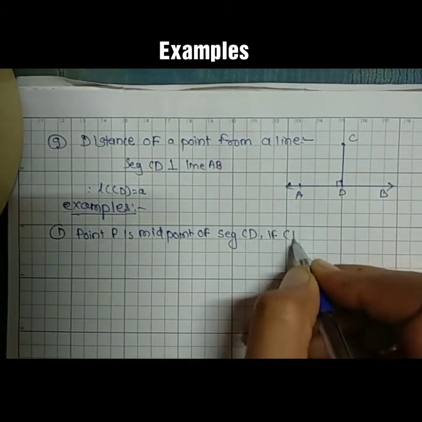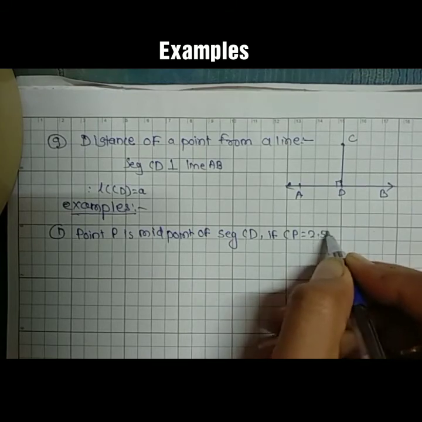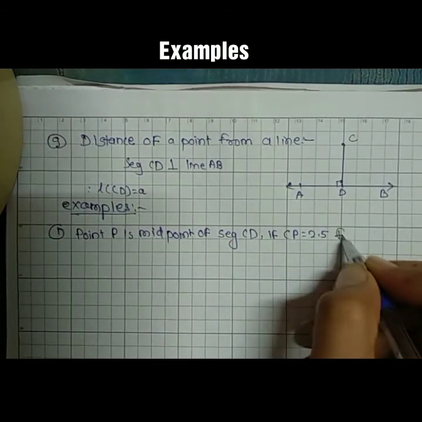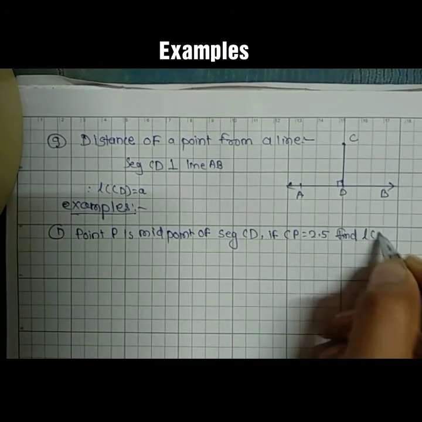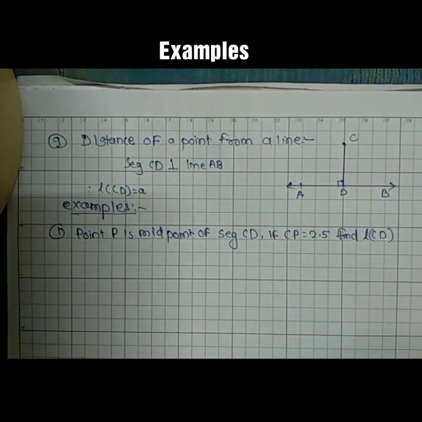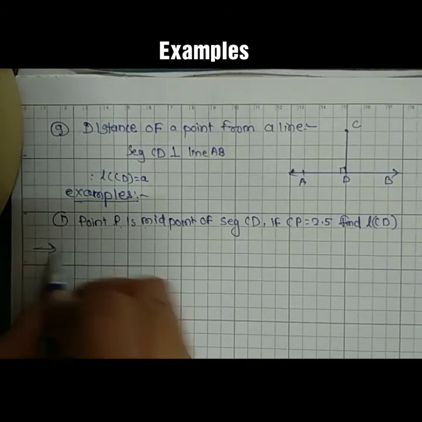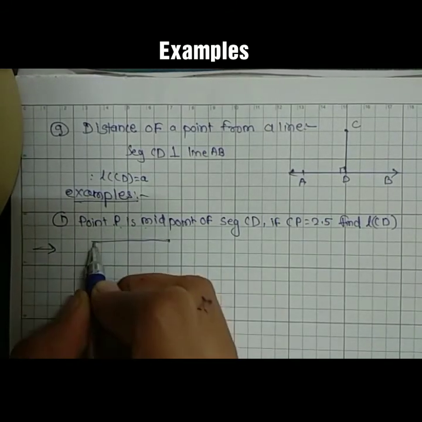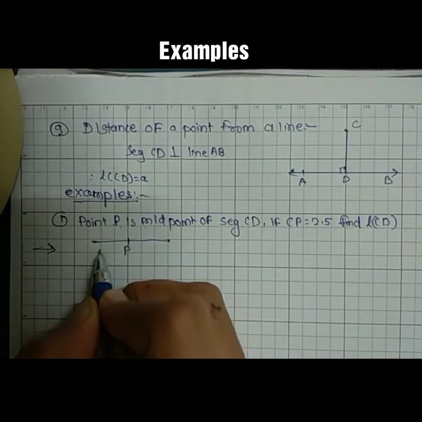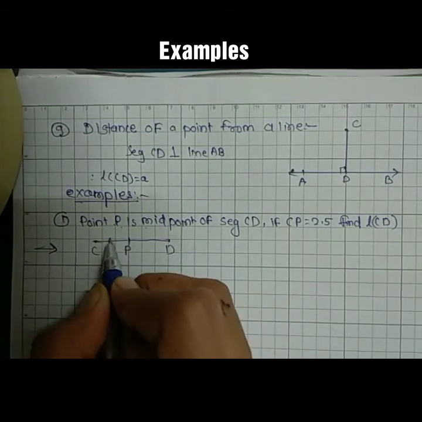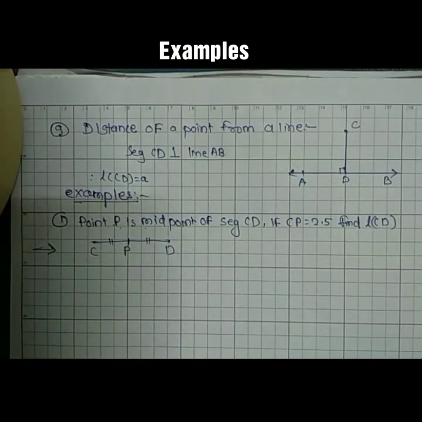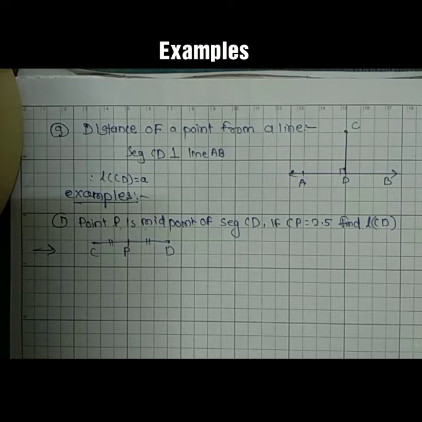If CP is equal to 2.5, find the length of CD. Here point P is a midpoint of segment CD, so CP and PD are an equal distance.